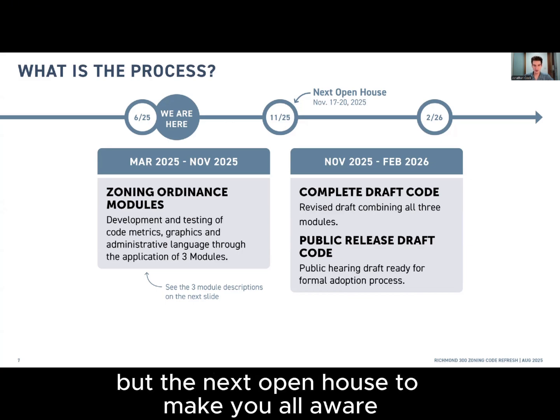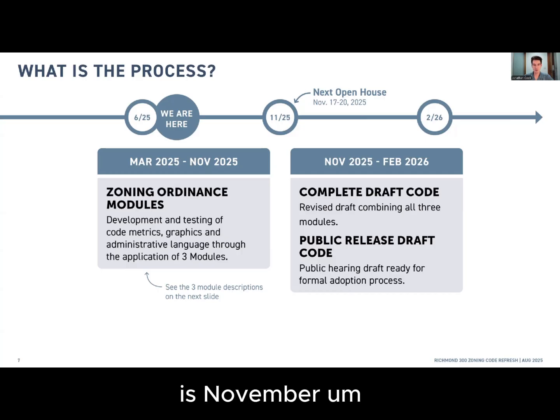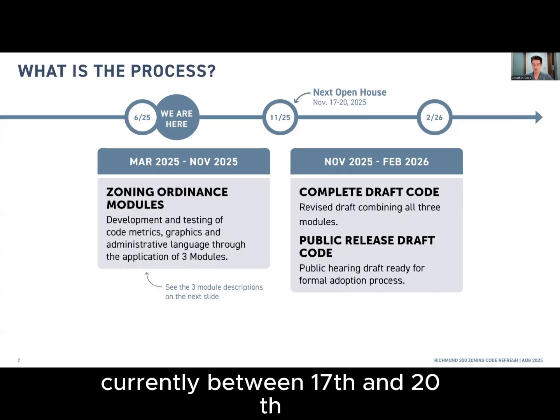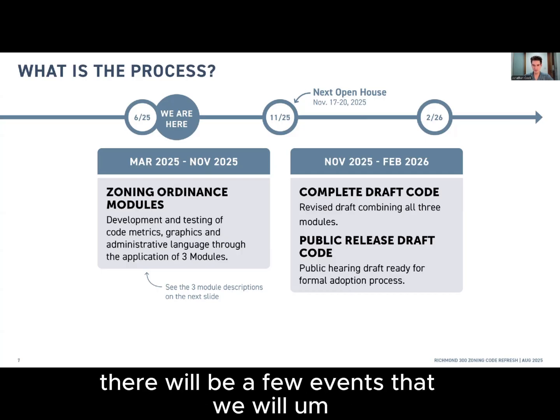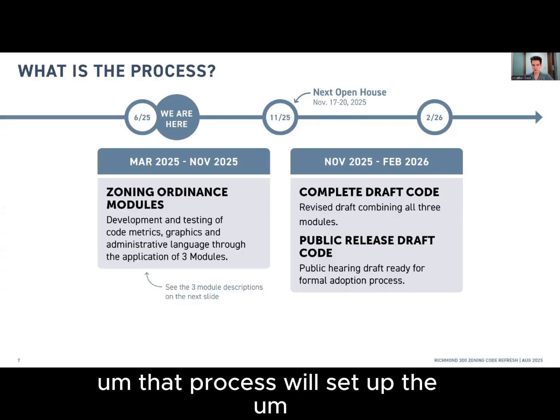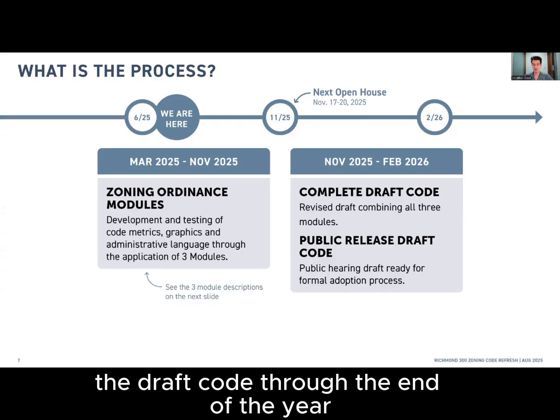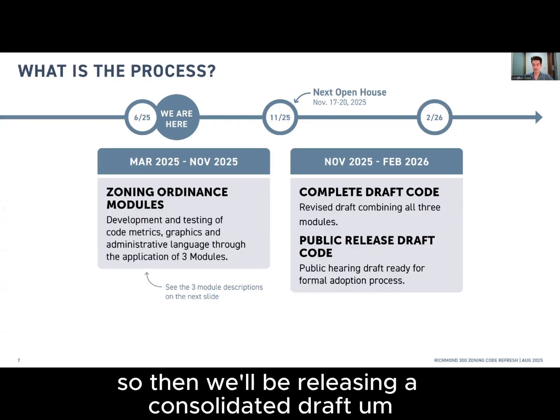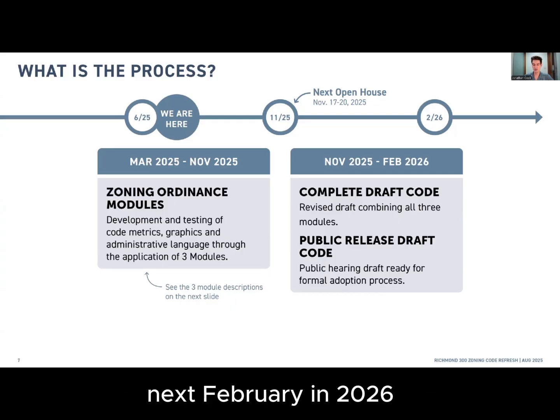But the next open house, to make you all aware, is November. Currently between the 17th and 20th, there will be a few events that we'll continue to announce. That process will set up the completing of the draft code through the end of the year. Then we'll be releasing a consolidated draft next February in 2026.